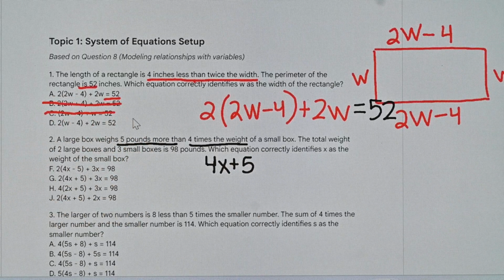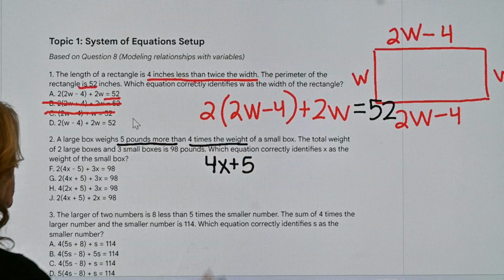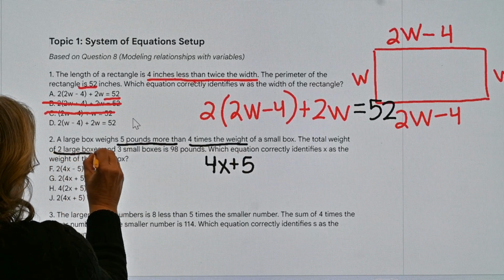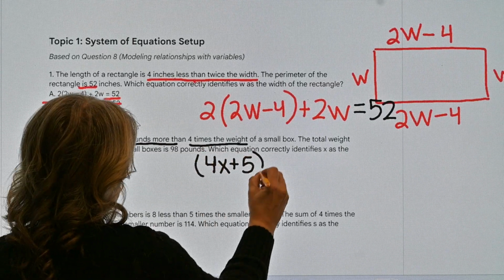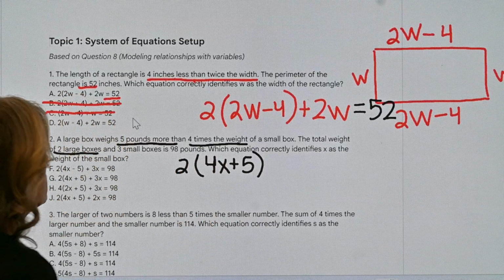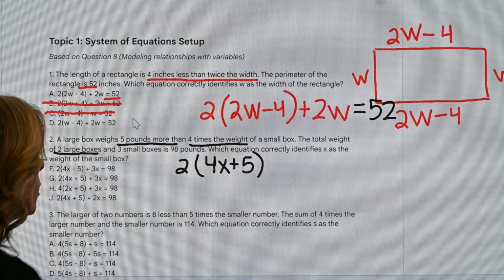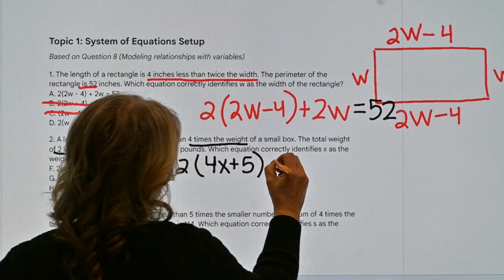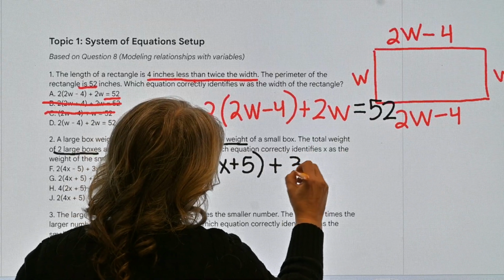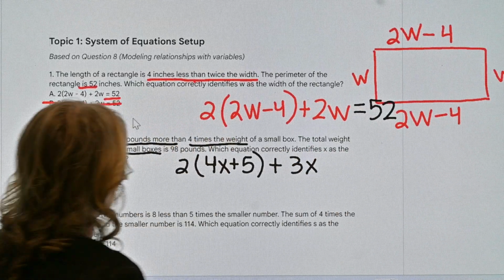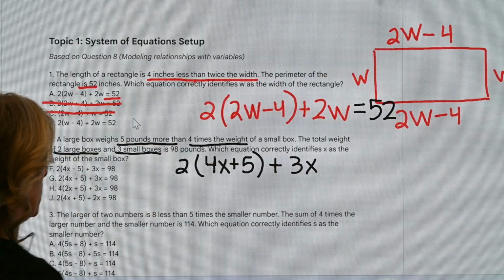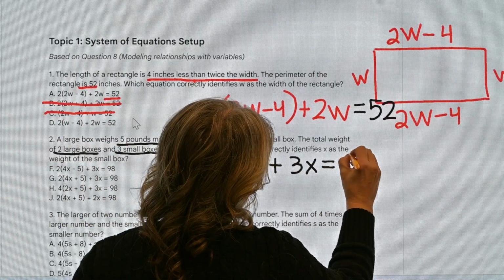That's the large box. The total weight of 2 large boxes, so we need a 2 out front, and 3 small boxes is 98, equals 98.